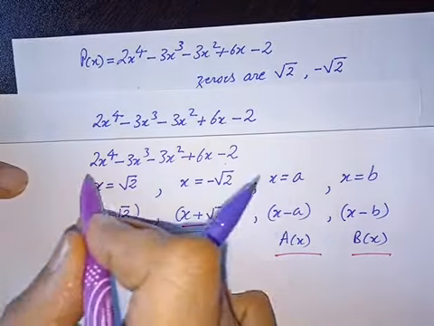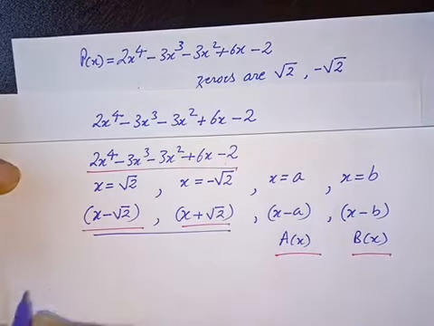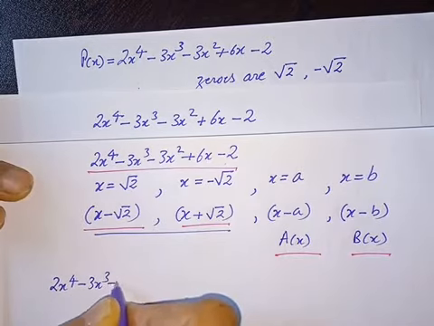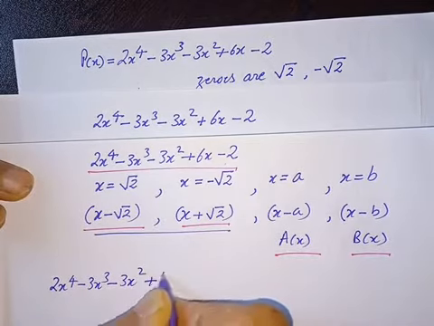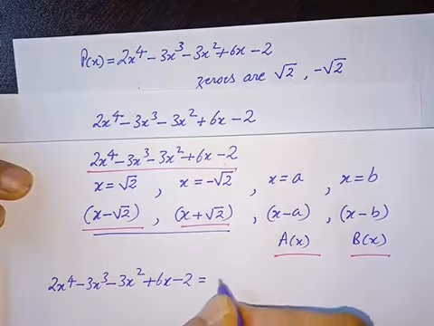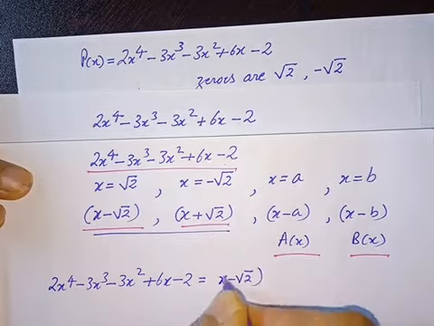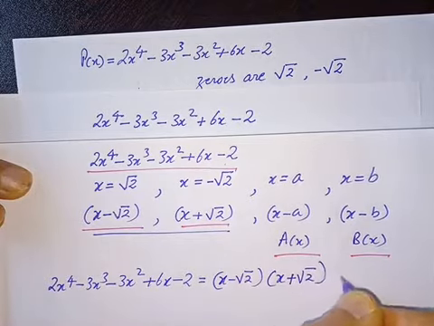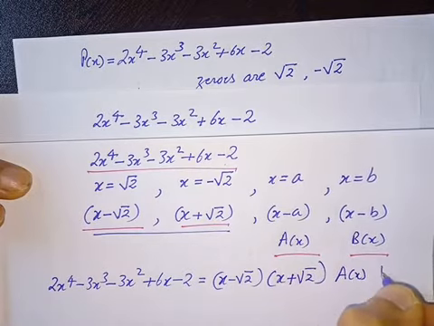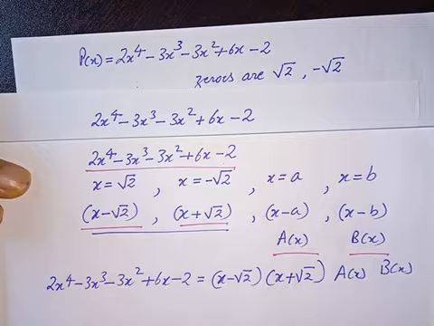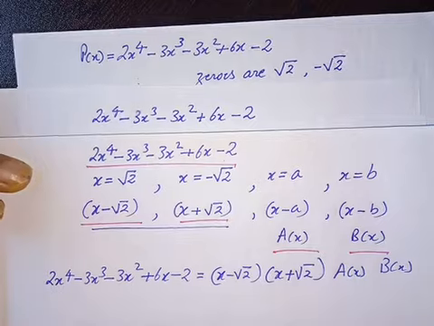It means when you multiply these four factors, 1, 2, 3 and 4, you will get this polynomial. So 2x to the power 4 minus 3x cube minus 3x square plus 6x minus 2 will be equal to x minus square root of 2 multiplied by x plus square root of 2 multiplied by a(x) multiplied by b(x), where a(x) and b(x) are the polynomials which we have to find, so that we can find out the remaining zeros of the polynomial.